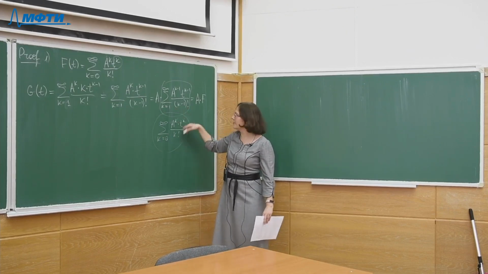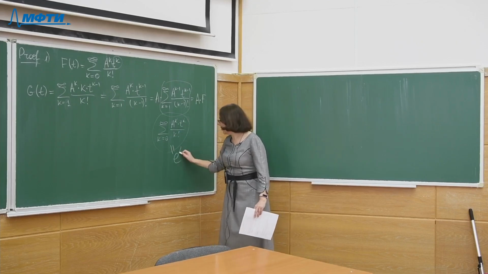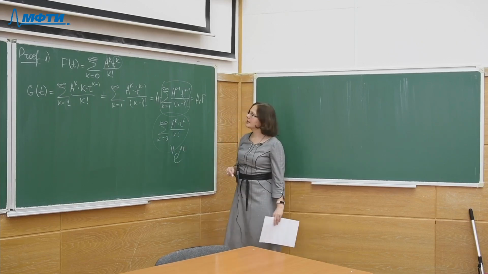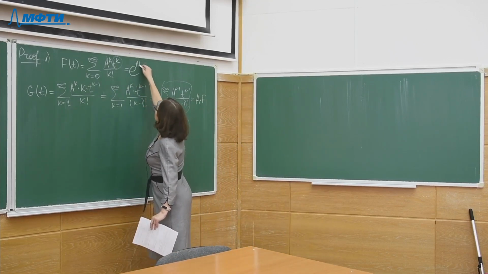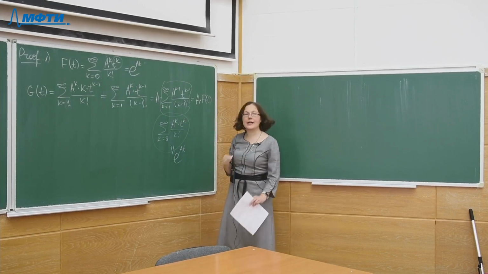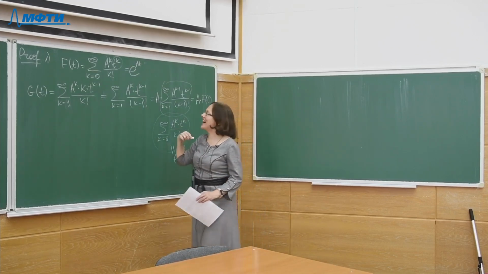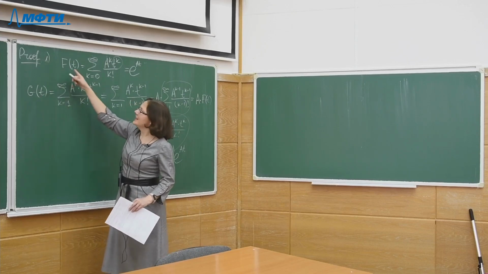So this is the same function, and this is e to the power At, just the same as f of t. Right, but now let's discuss: is it true that g of t is the derivative of f of t or not?